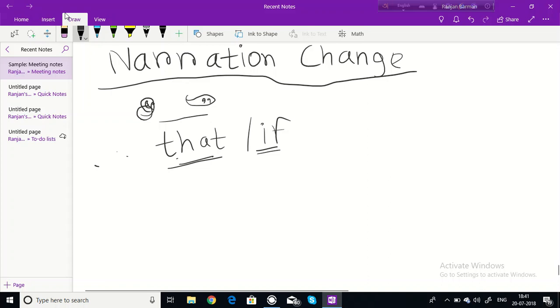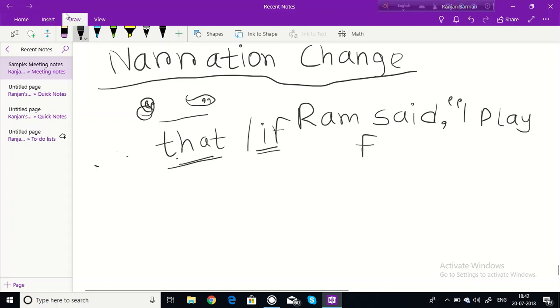So now I am using an example. So the answer is Ram said, and for this we use that.